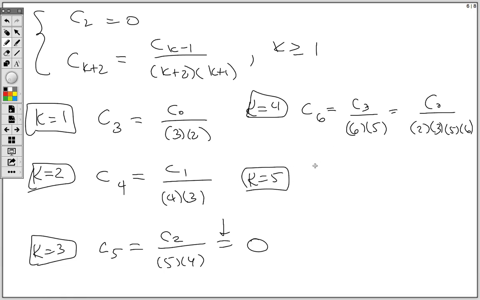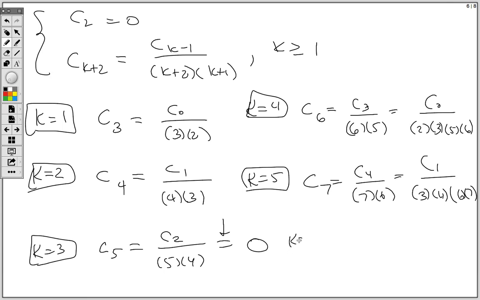k equals 5, I get c7 is c4 over 7 times 6. But I know c4 in terms of c1. So it'd be c1 over 3 times 4 times 6 times 7. And guess what happens when I get k equals 6?